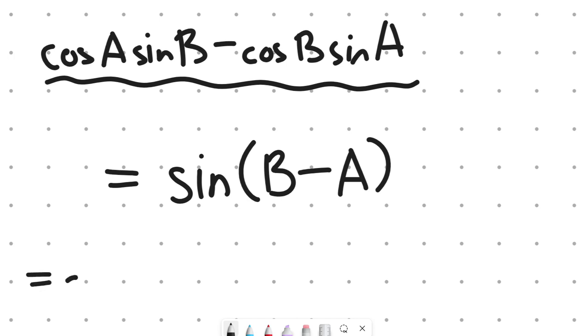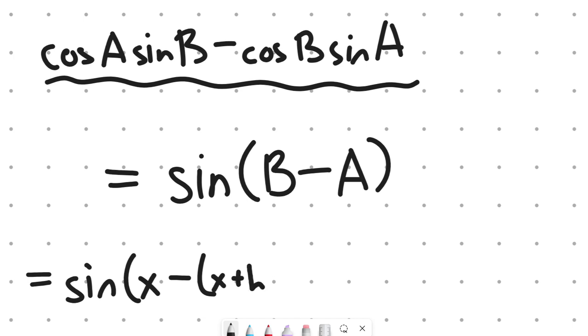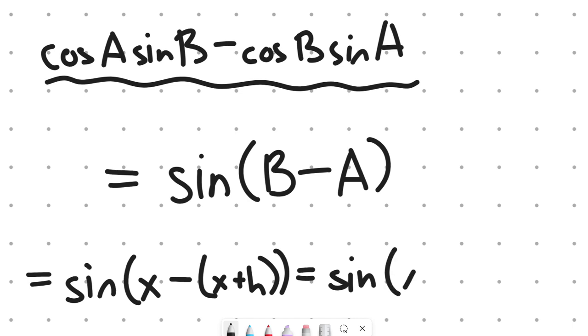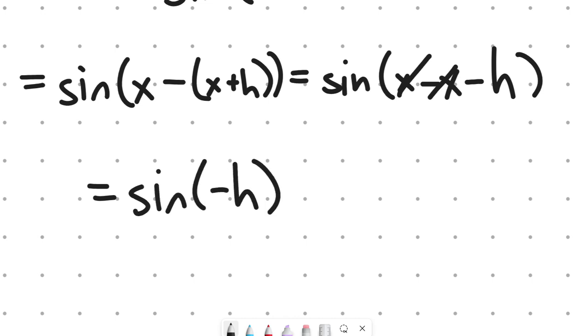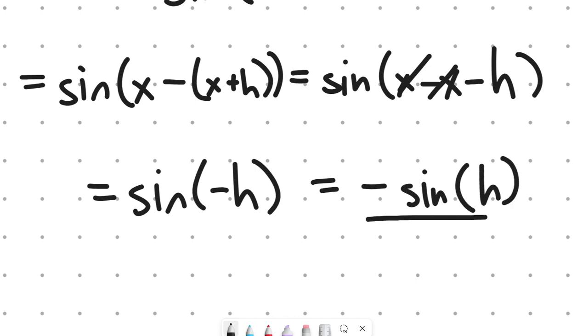So we'll have the sine of x minus, in brackets, x plus h. Distributing, we have x minus x minus h. The x's will cancel, which leaves us with the sine of negative h. And since sine is an odd function, we can put the minus sign outside the sine. So we'll have negative sine of h.